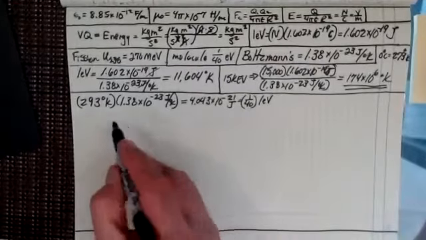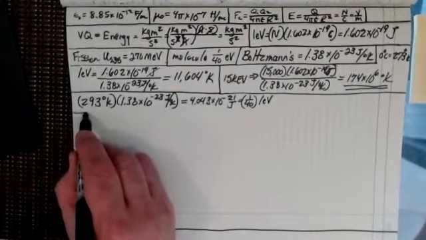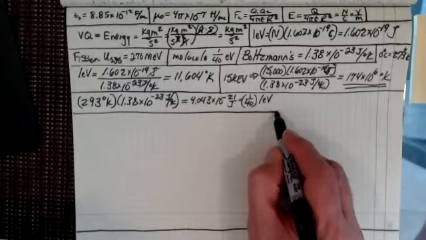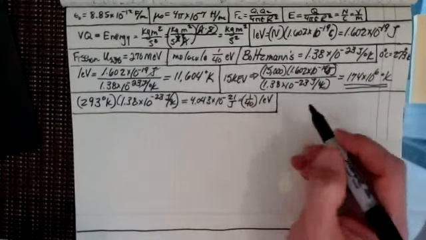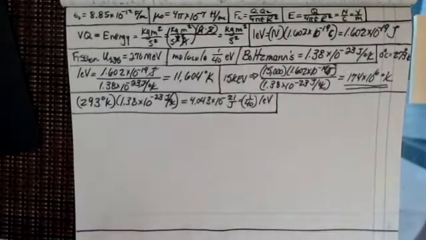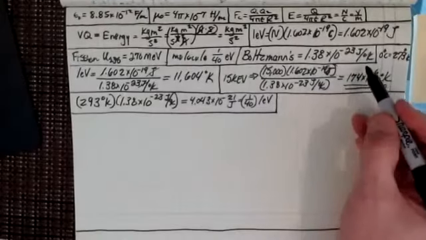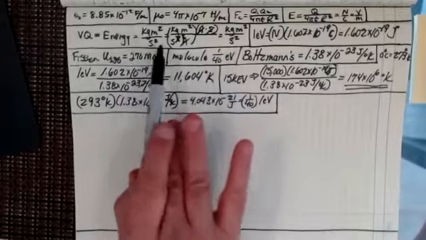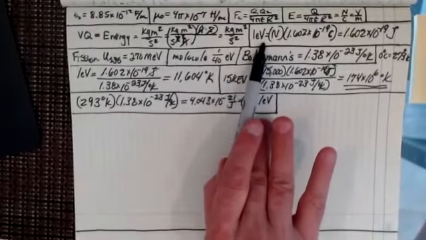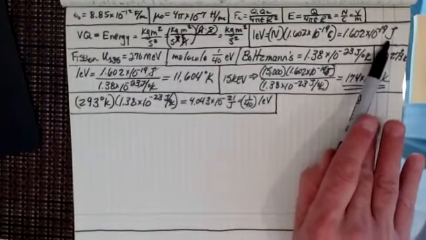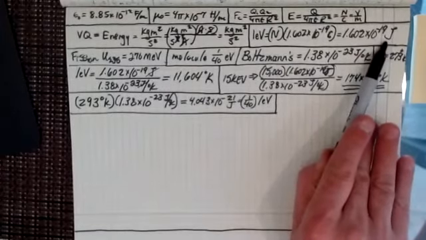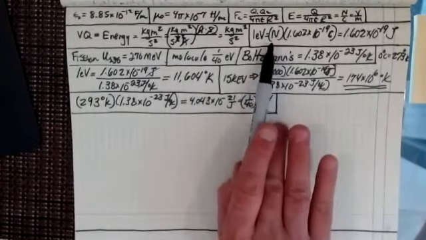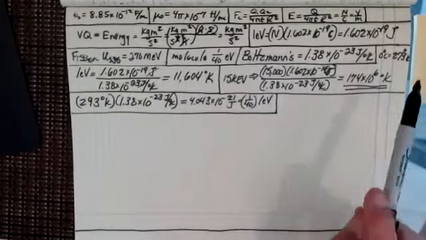So there you go. We can look at Boltzmann's constant to see how much energy. There are two constants that I want you to get out of this equation: Boltzmann's constant, and how to use it, and also to understand what an electron volt is. That electron volt is a unit of energy. It's not a unit of voltage.